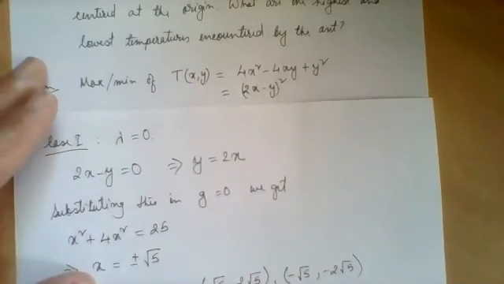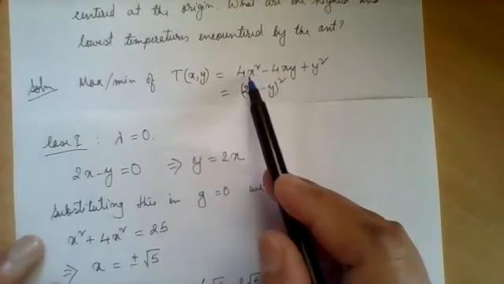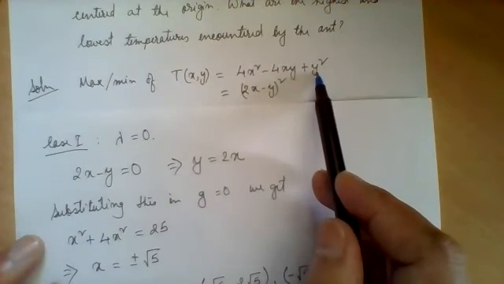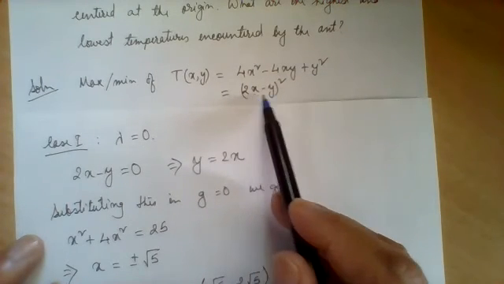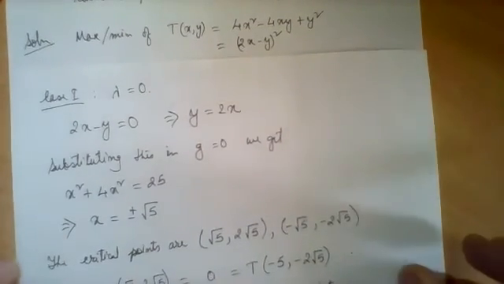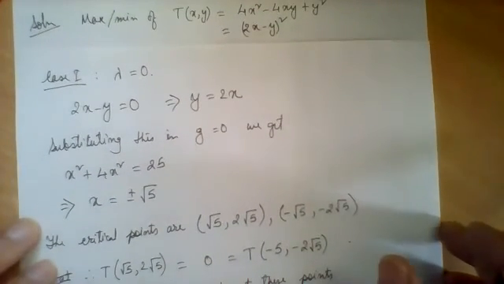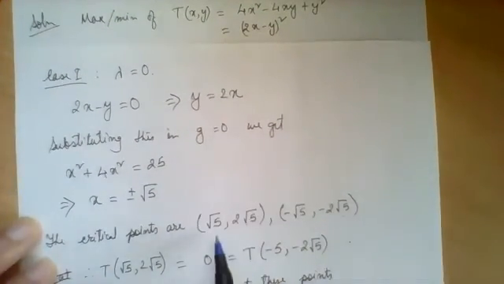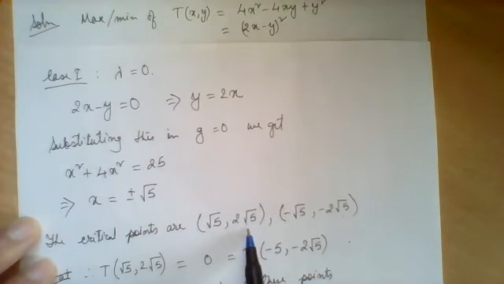And so what is the expression for temperature? The expression for temperature is this, which can be simplified as (twice x minus y) whole squared. So this is x, this is y.